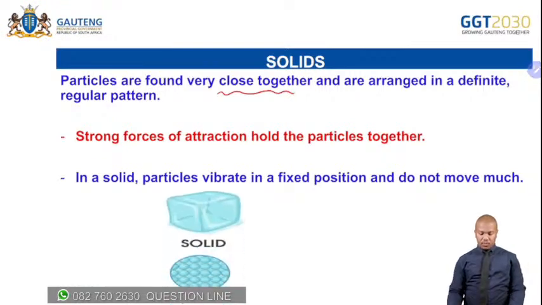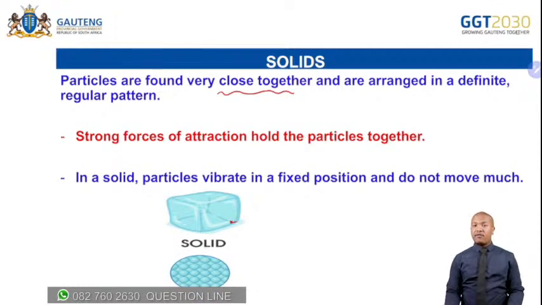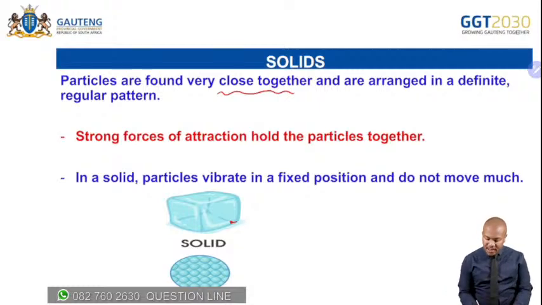Also, here is a picture of a solid. This is an example of what? Of ice, which is a different state of water, right? Water comes in a liquid, it comes in gas, and it comes in solid. So when it is ice, it is solid. So meaning what? The particles of ice are arranged in such a manner.